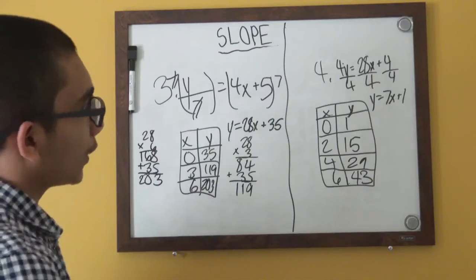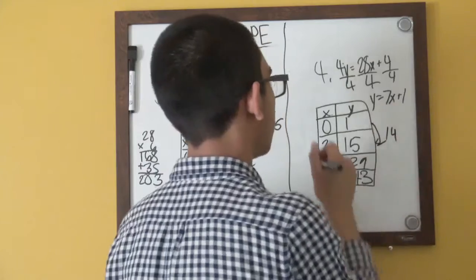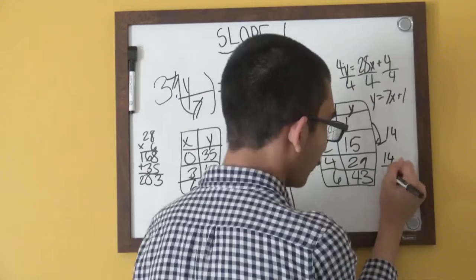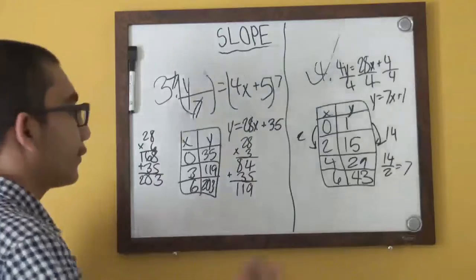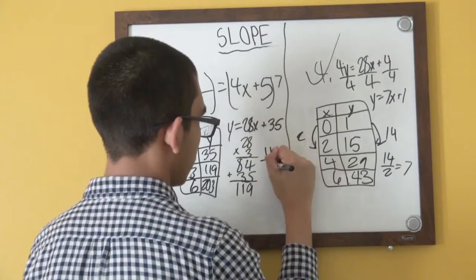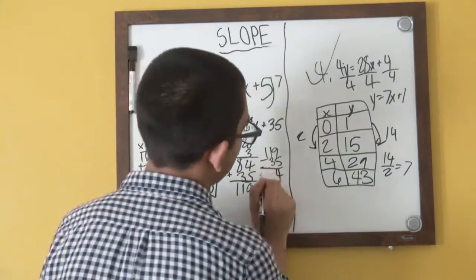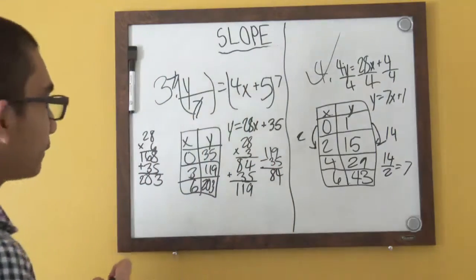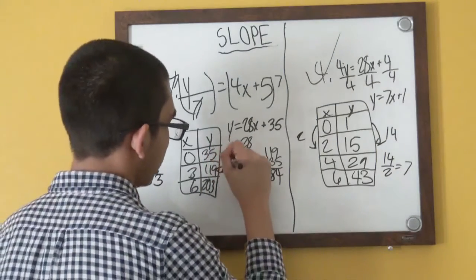So now let's check our work. Okay? So from 1 to 15 is 14. And from 0 to 2, that's 2. 14, the change in y, over 2 equals 7, 7, and 7. So we got this one right. Now for this one. 35 to 119 is 84.